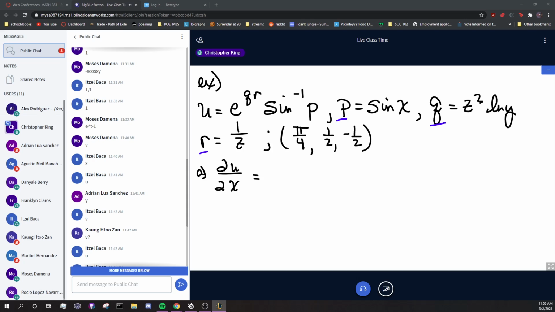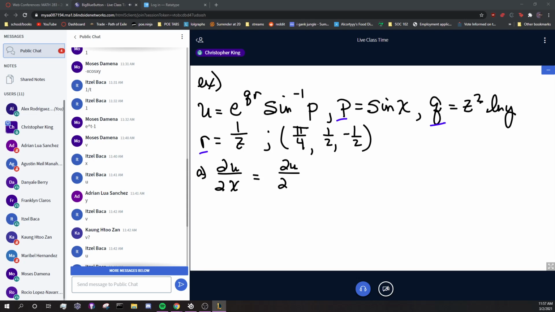So that means we are going to have 3 pieces when we're doing this derivative. One of the things I always would encourage when you're doing this is to write out what the rule would be.